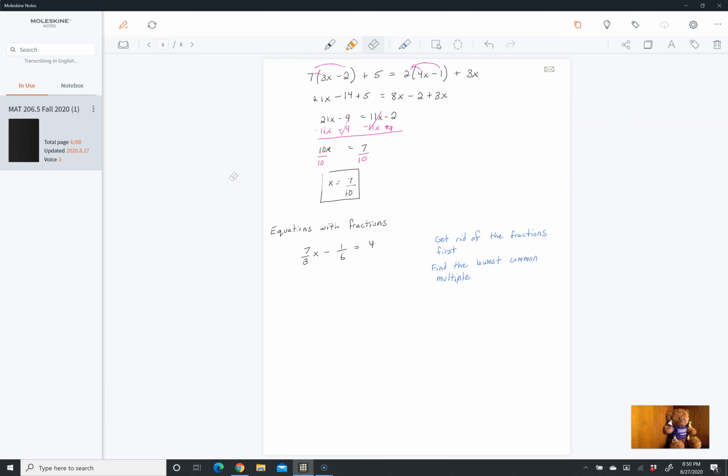So we're going to find the lowest common multiple of all the denominators and multiply that by the whole equation.